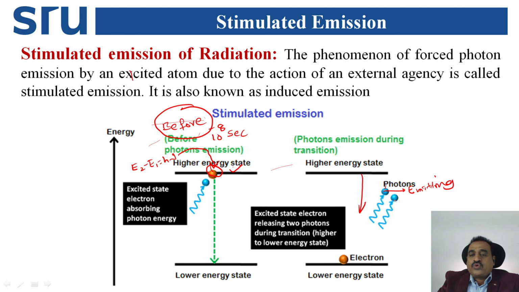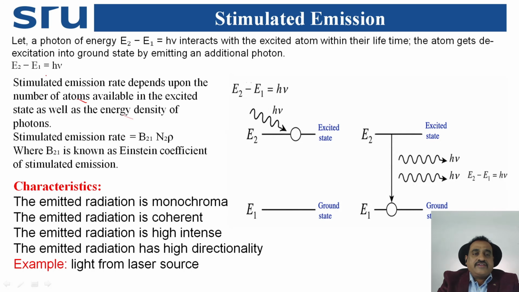One is the emitted photon, another one is the incident photon. This phenomenon is called stimulated emission of radiation. So try to understand here clearly.